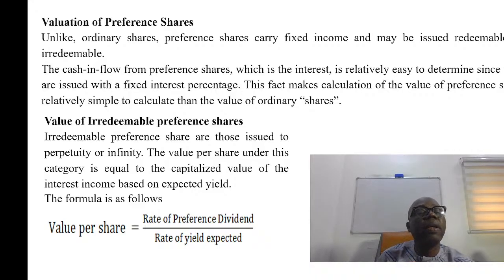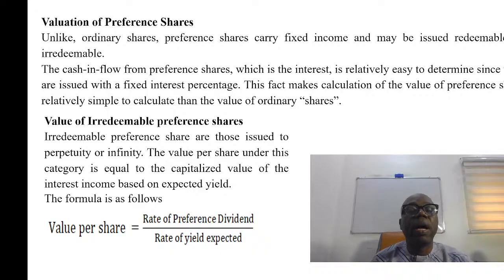So we have value of irredeemable preference shares. Irredeemable preference shares are those issued to perpetuity or infinity. You can't redeem them. It will be in the company. It's almost as the owners of the company.